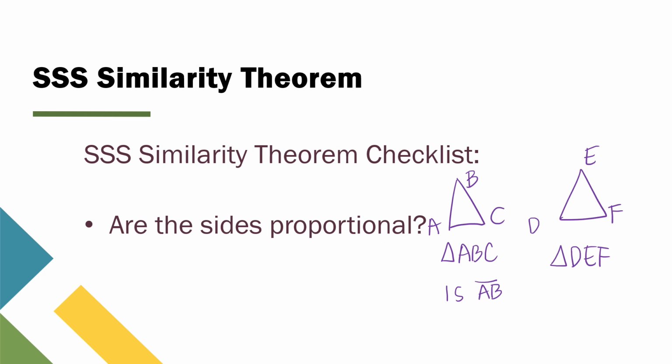Is side AB, or line segment AB, proportional to DE? And then additionally you would do BC. Is that proportional to EF?